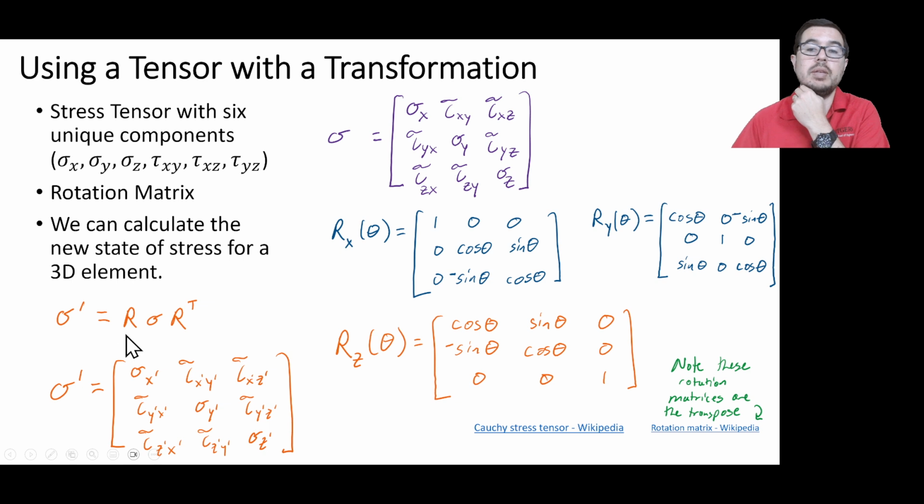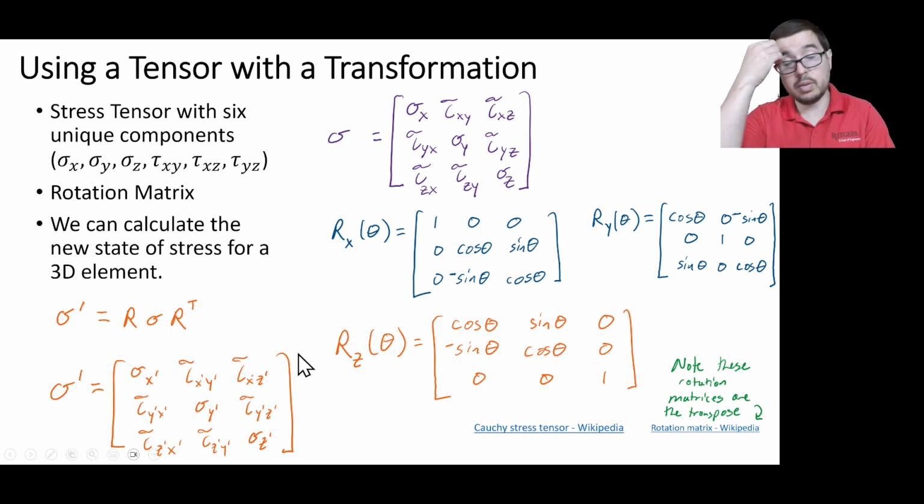So sigma prime is equal to R times sigma times the transpose of R. And so if it's an X rotation, then you'd have Rx, sigma, Rx transpose. If it's a Z rotation, you use a Z matrix, and you can actually do compounds of these.